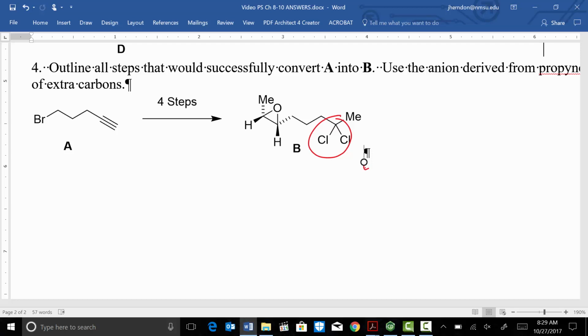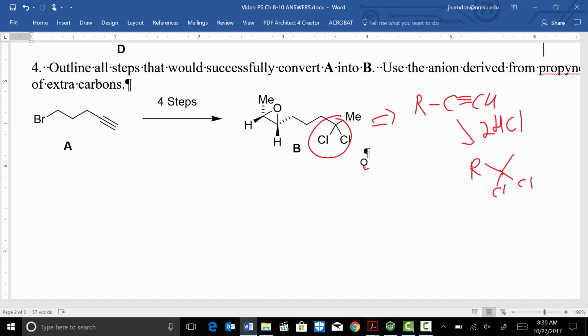There's only one reaction we've ever had that would make a 1,1 dihalide, right? And that is to take a terminal alkyne and treat it with 2 moles of HCl. So that reaction is going to come into play.